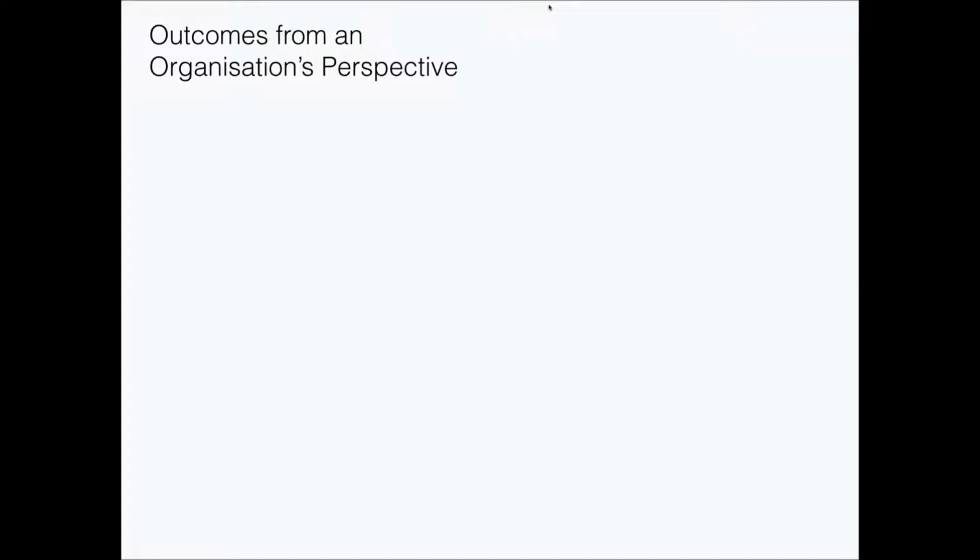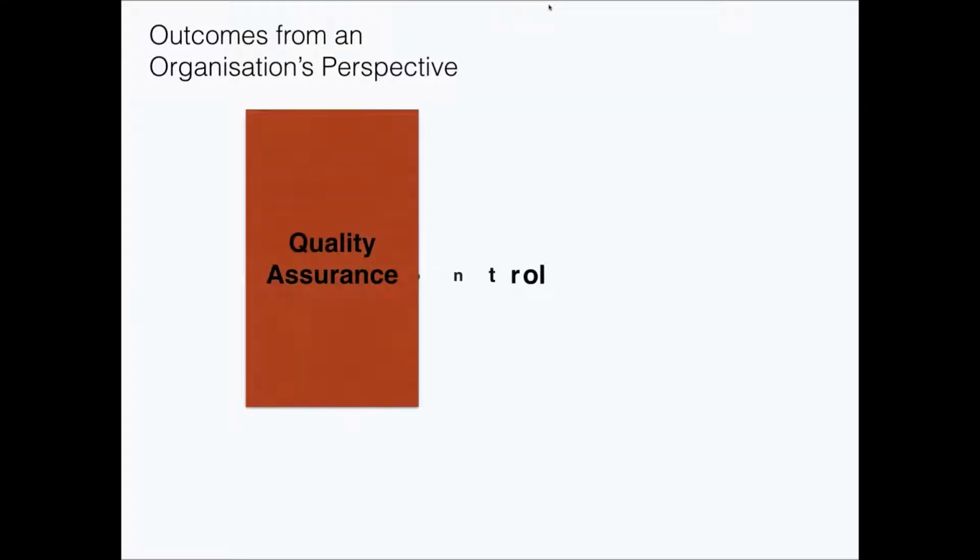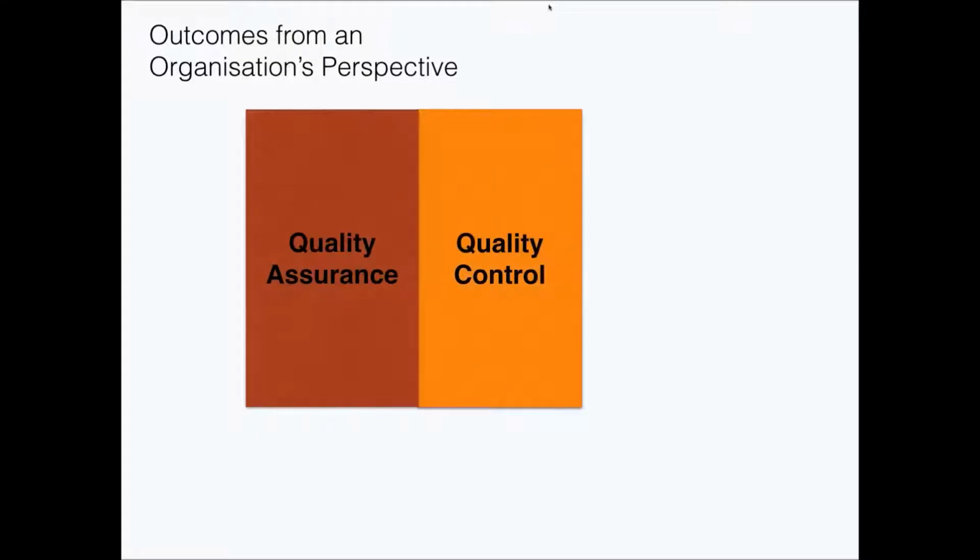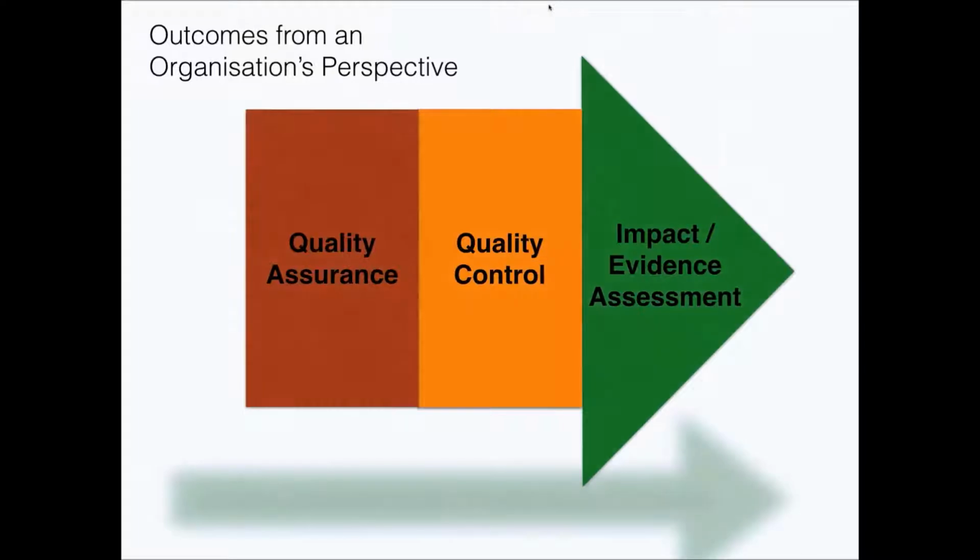Every organization has processes, whether they produce a product or offer a service, and they have three core strategies. The first one being quality assurance, the second being quality control, two very different things, and then thirdly, impact and evidence assessment, measuring what they've done and what impact that has had.